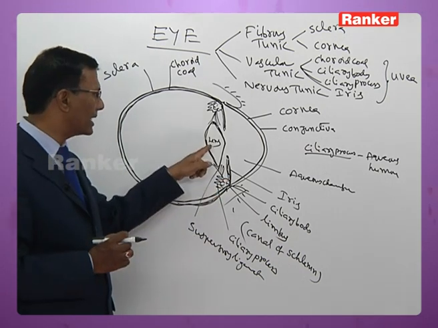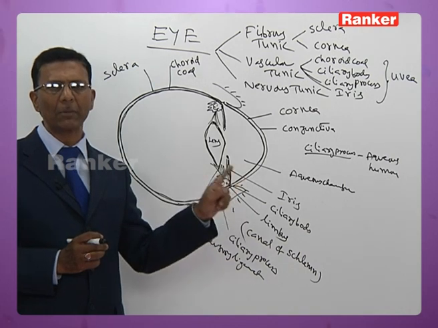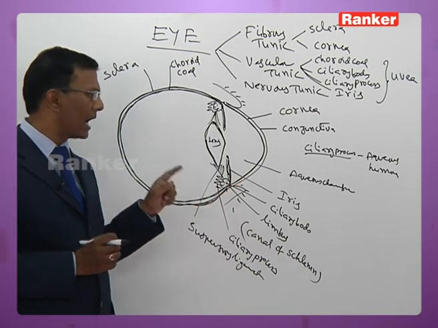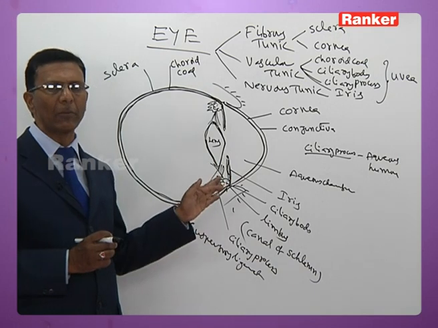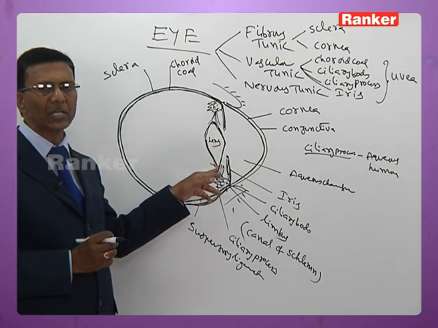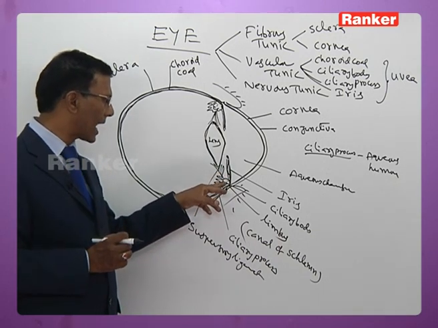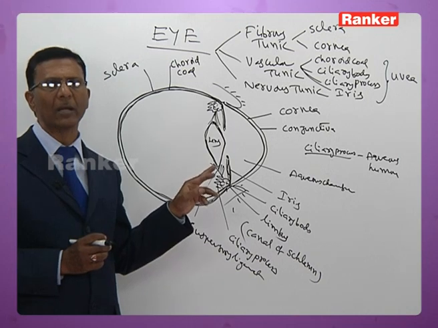As a result, the lens becomes flatter, so that far off objects can be easily focused. And whenever the object is nearer to the eyeball, the lens becomes more convex because of relaxation of suspensory ligament and contraction of ciliary body muscles.